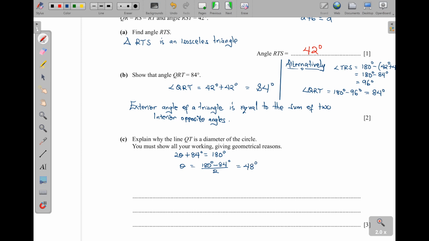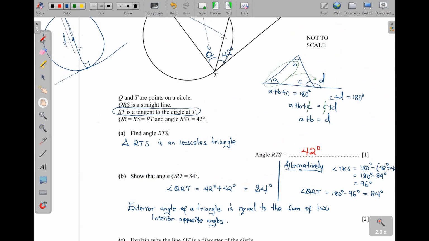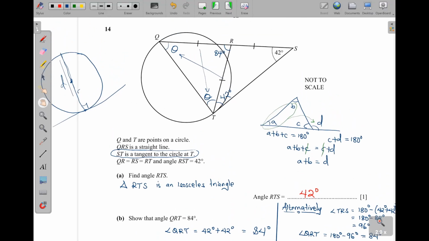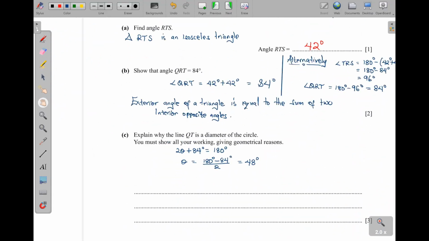So since this angle here is 48 now, that means angle QTS is going to be that 48. Then we add on the 42, and indeed it gives us 90 degrees. So what are the geometrical reasons that I'm going to give here?